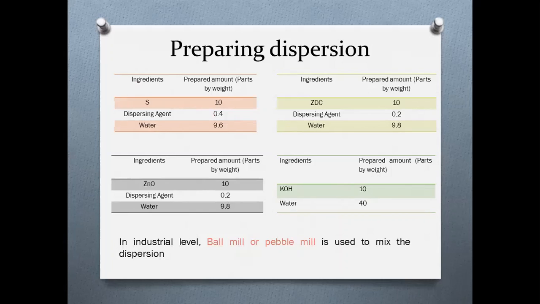In laboratory, you have the option of using mortar and pestle or the shaker. By using that, you can prepare the dispersions. You have to prepare them separately, but in industrial level, they use ball mill or pebble mill. So now you have 4 different dispersions with you: sulfur, ZDC, ZnO, and KOH.